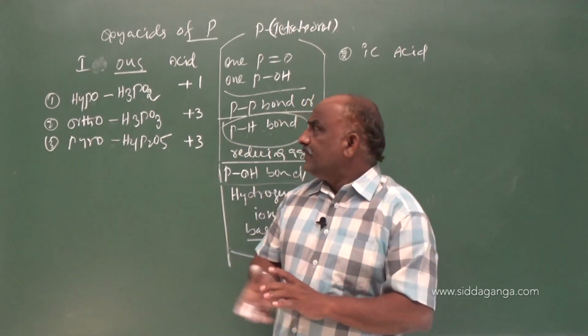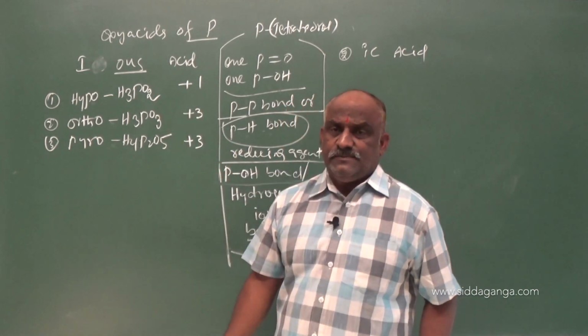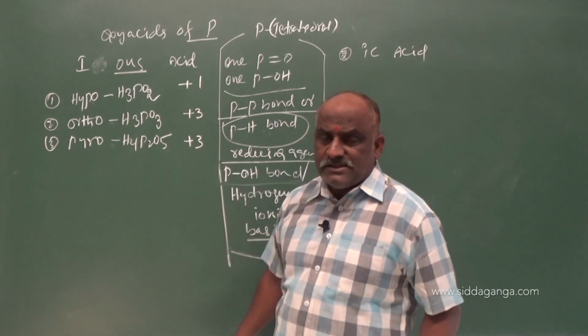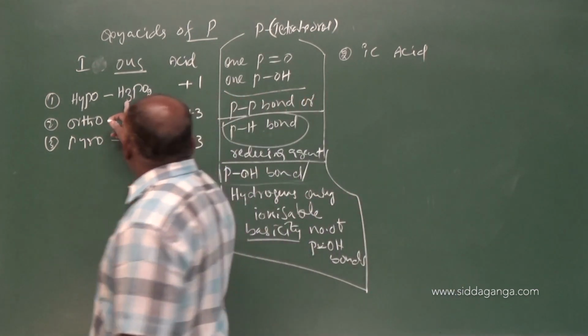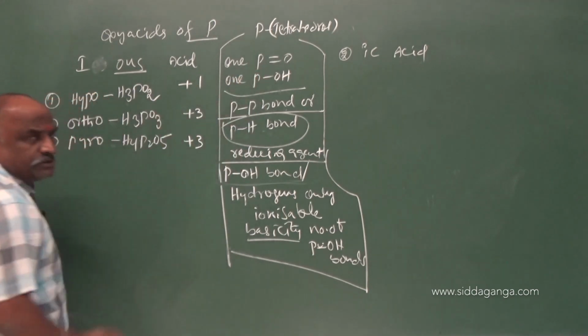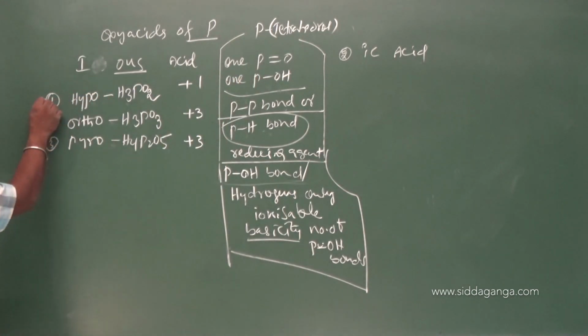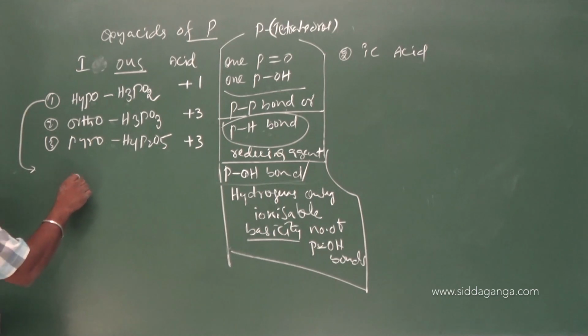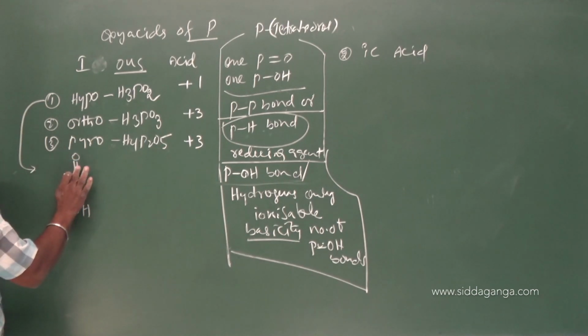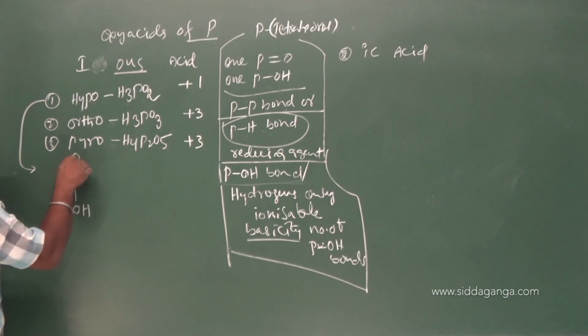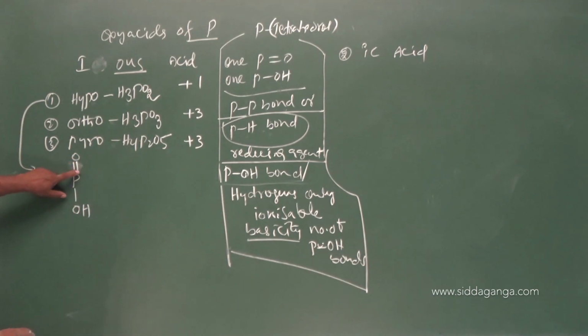And here, how to draw the structures? Simple here. Compulsory we require one P=O bond, one P-OH bond. Let us consider this first example. We should write one P-OH and one P=O bond. See this. One P-OH bond, one P=O bond, it is compulsory.